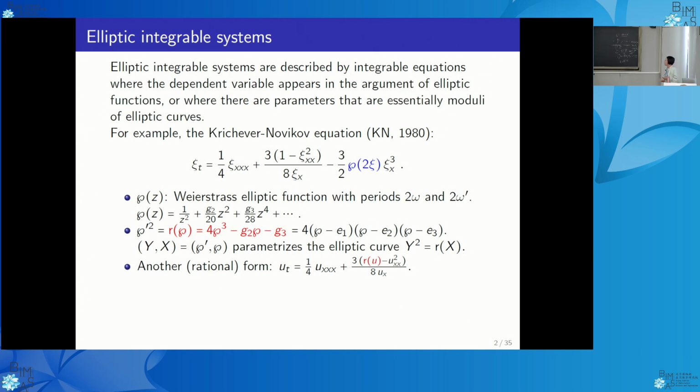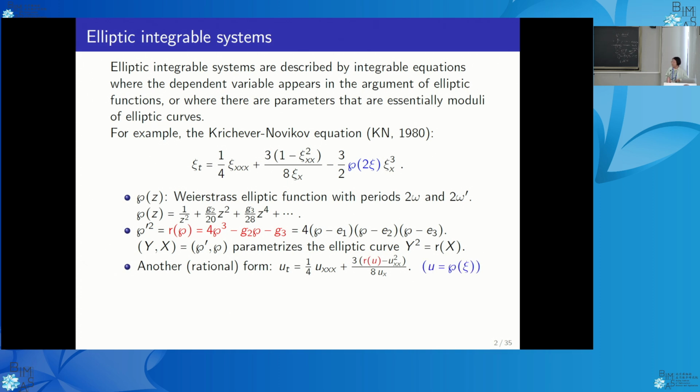Another common form of the Krichever-Novikov equation, or the KN equation, is this form. And we can see R of u is related to the elliptic curve. So R is a cubic polynomial, and g2, g3 appear in this form.